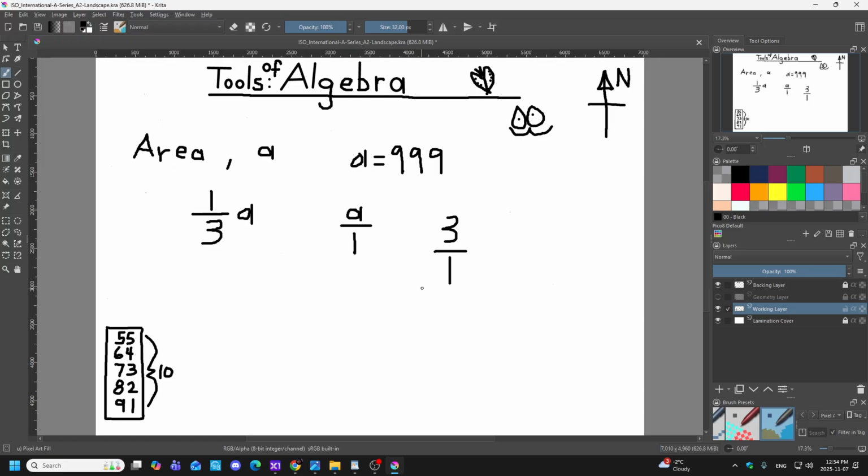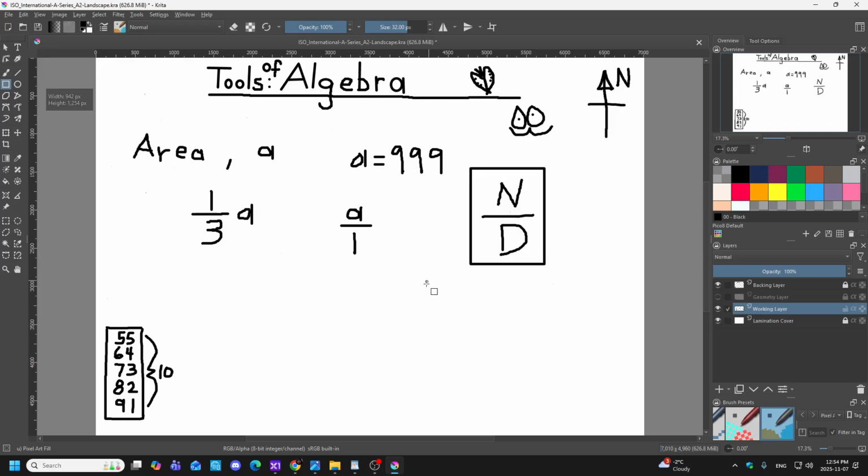It means the same thing. So this also tells us that A is the numerator. Remember, fractions, numerator over denominator. Okay?